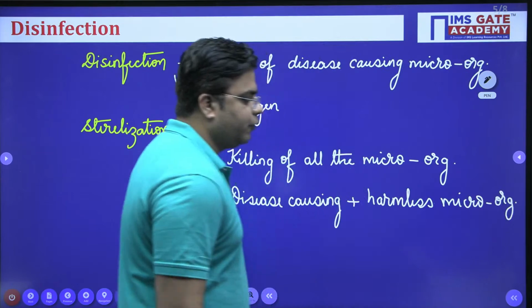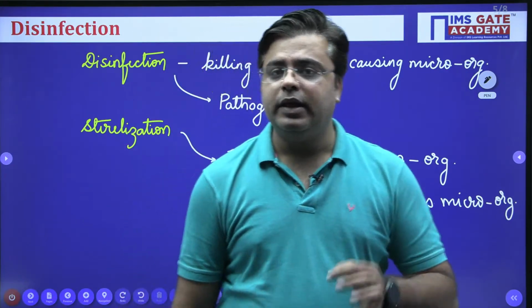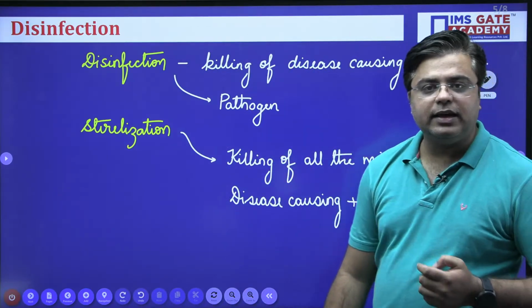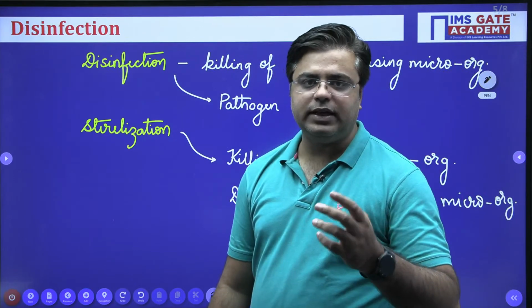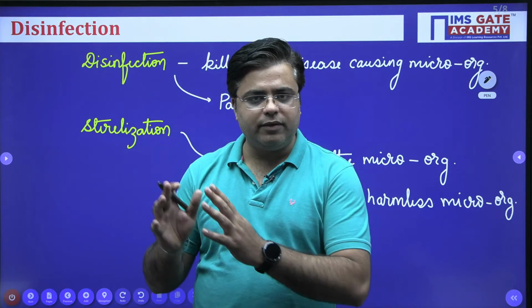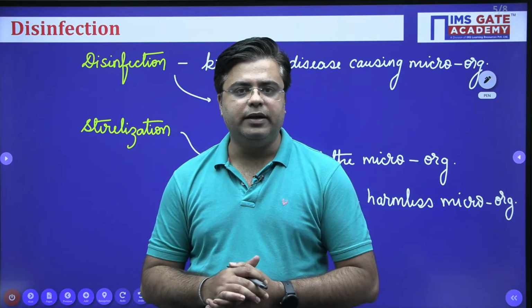So the method of killing all the type of microorganisms that are present in our water sample is termed as sterilization, right? Now where do we see sterilization? So basically whenever we visit any dentist, all these dentists have a unit or a compartment in which they keep their equipments, right?